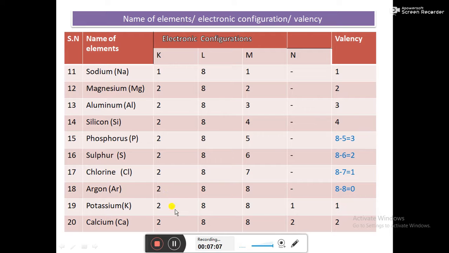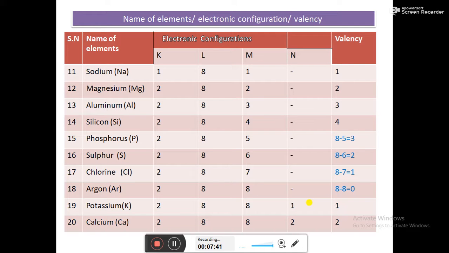Similarly, in the case of potassium, its outermost shell has 1 electron, and calcium has 2. They should donate 1 electron and 2 electrons. They should lose 1 and 2 electrons, so they are stable. And one main thing I want to introduce to you from here: those which lose electrons, similarly here 3, and similarly here 2, if they lose electrons, then they are called metals.